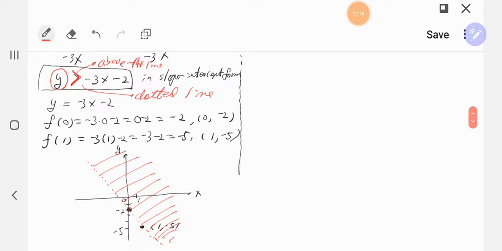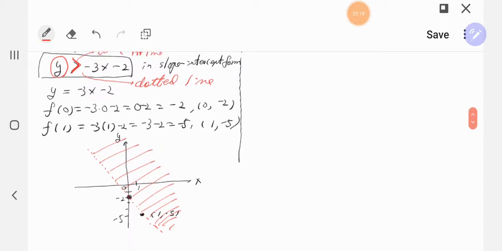Or you can test a point. Test a point, 0, 0. So y is greater than negative 3x minus 2. Let's check whether this is true. Okay, so y equals 0, x is 0, then 0 is greater than negative 2. Is this true? Yes.